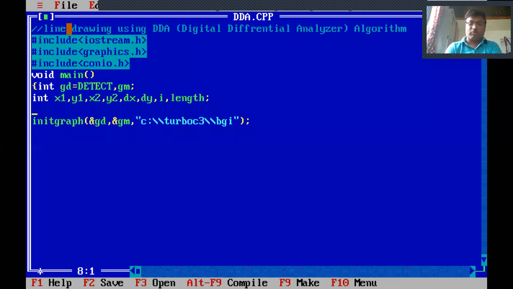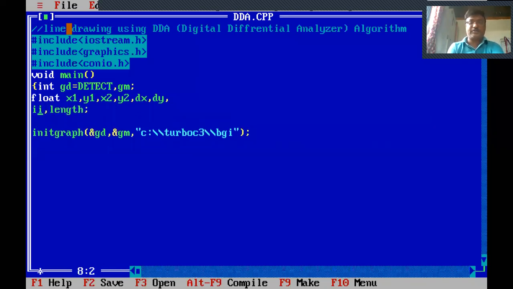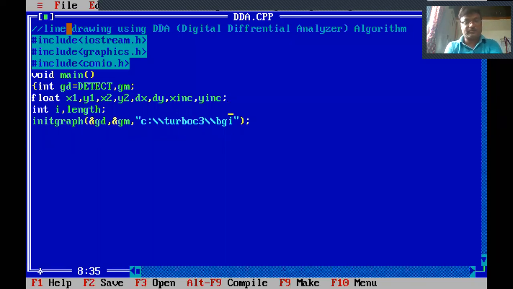Suppose you want to use float, so you can consider float values for x1, y1, x2, y2, dx and dy, because you are going to calculate these in float. And length I am going to put in int, because length is not a float. And here I have to put xinc, yinc, my x increment and y increment. So this is the way you can assign the variables. You have to save the program regularly.